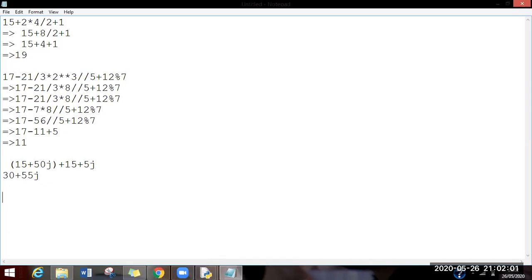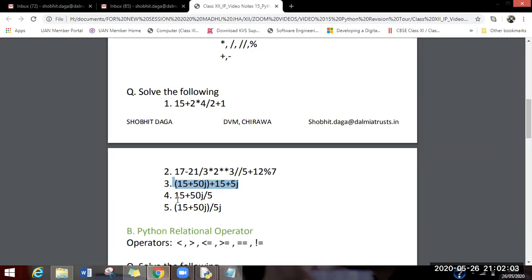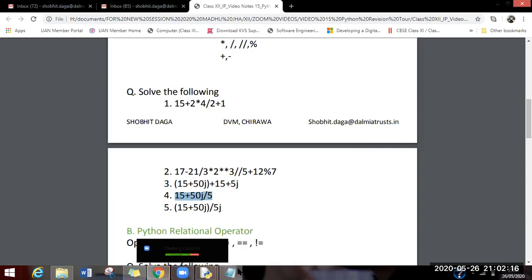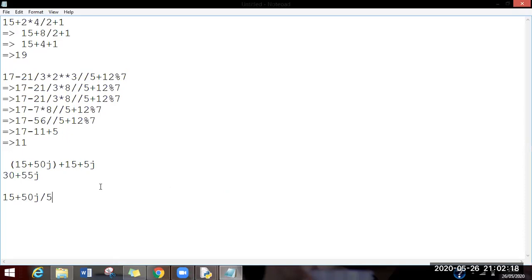Next question, we have 15 plus 50j by 5. So this is a bit tricky in the sense that students feel that when we are talking about a complex number, it is one single value. Though they have both the parts, and you may say that if a real part is missing, it will be 0 plus the imaginary part.